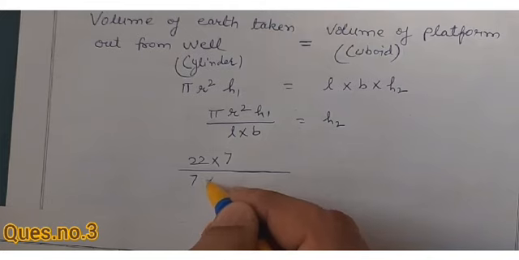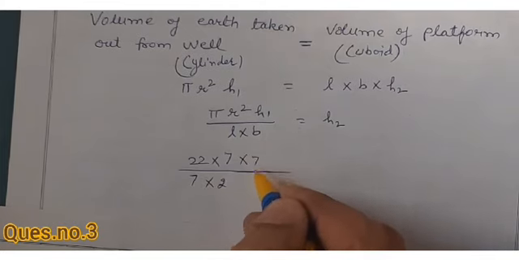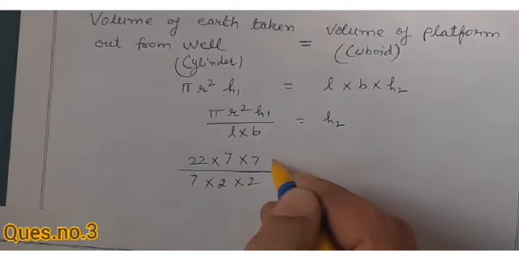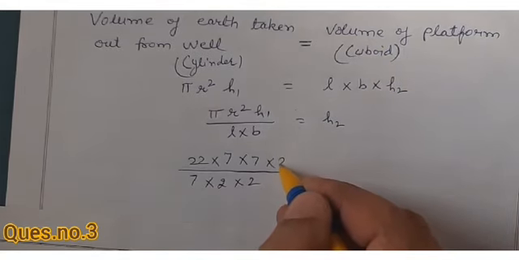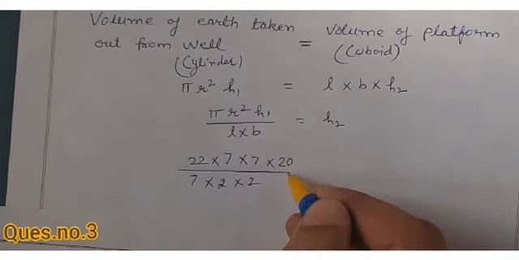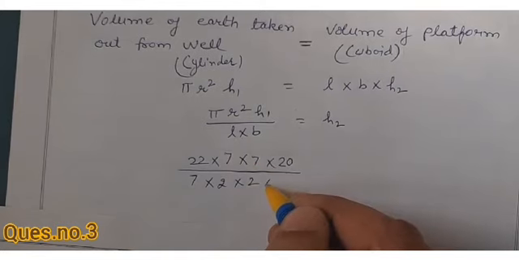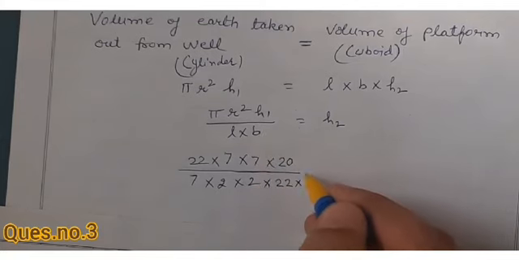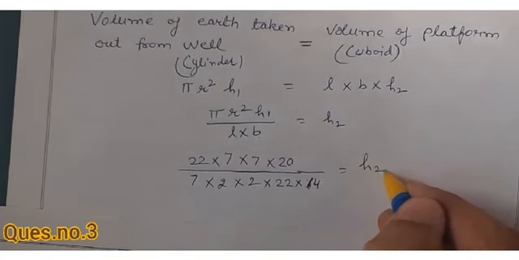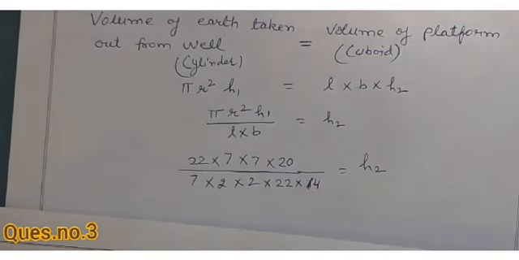So 7 by 2 squared, h1 is what? 20, the height of the well is given to you as 20. L, length was 22 and B was given 14. This is h2, this you have to find out.